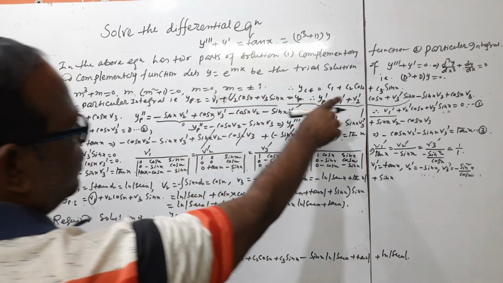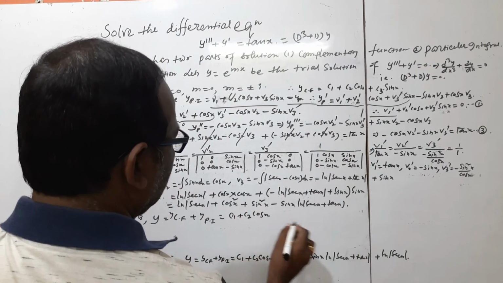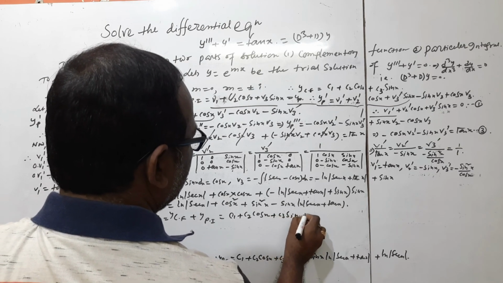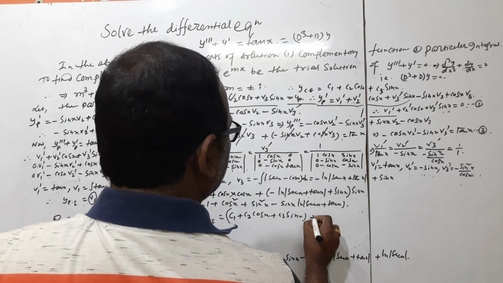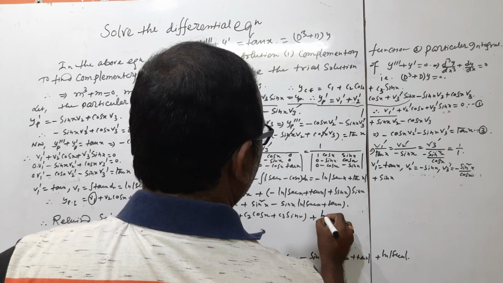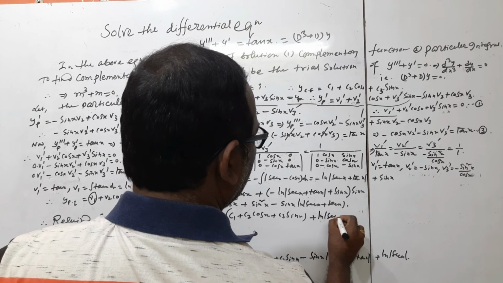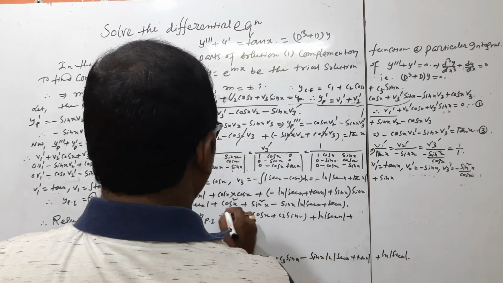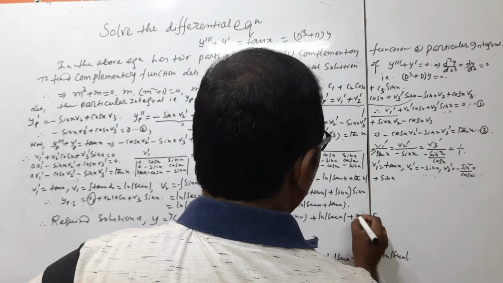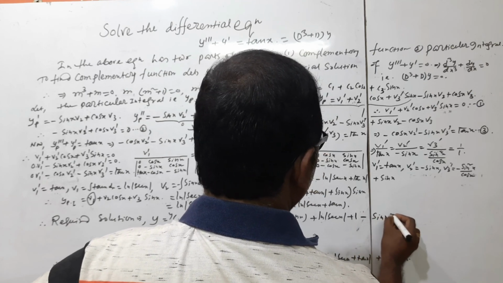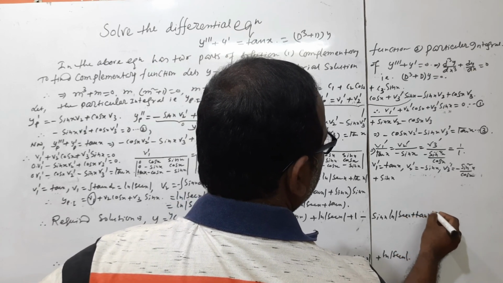That is, CF is here, this is C1 plus C2 cos x plus C3 sin x, plus the solution of particular integral, this is ln sec x plus sin square plus cos square, which is 1, minus sin x ln mod sec x plus tan x.